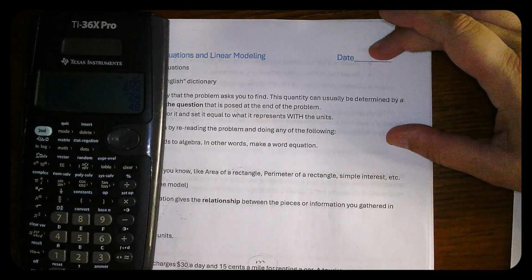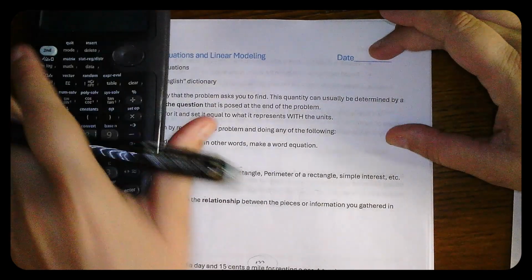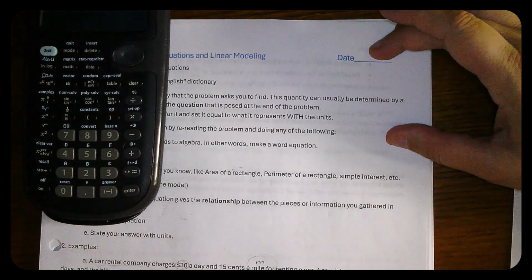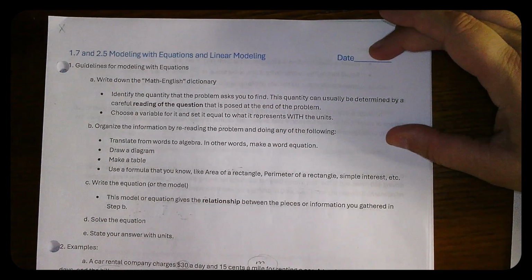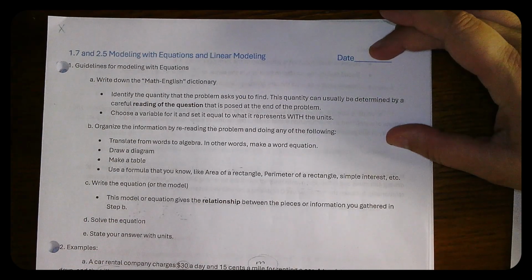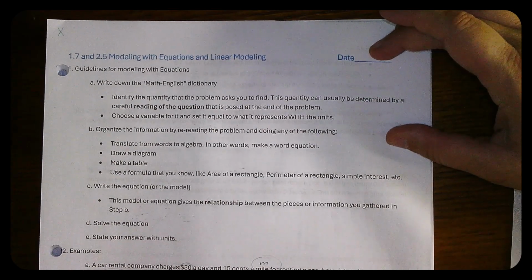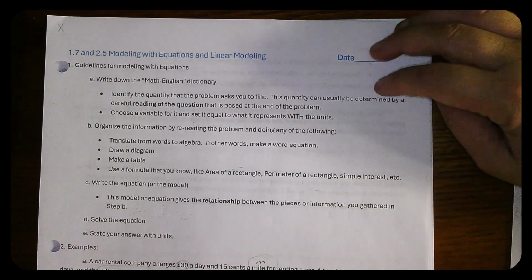And so M equals 320, and then you always want to answer with the units. So M is miles, so 320 miles is what he drove or she drove. All right, you just have to do these, and the more you practice, the better you get.